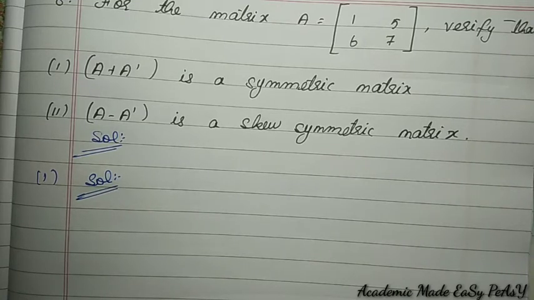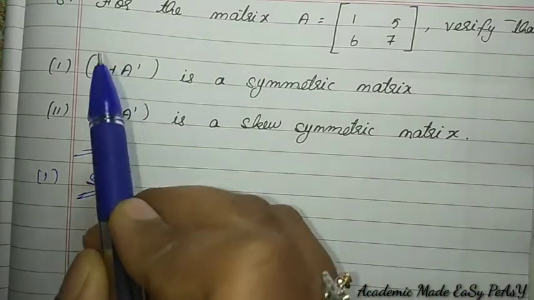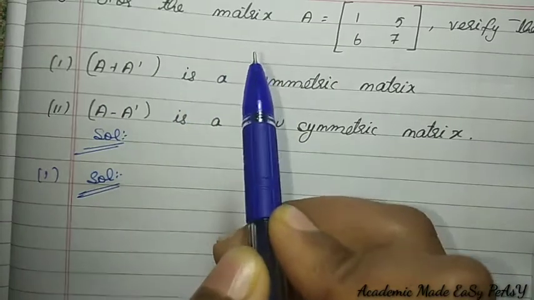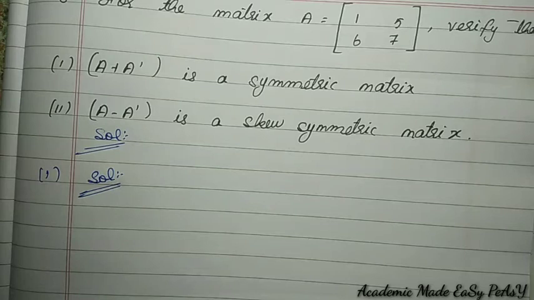But a slight change in this question is that we have to take the sum of matrix A and its transpose, and also take the transpose of that, that is A plus A transpose, the whole transpose, and now we have to check whether it is a symmetric matrix.